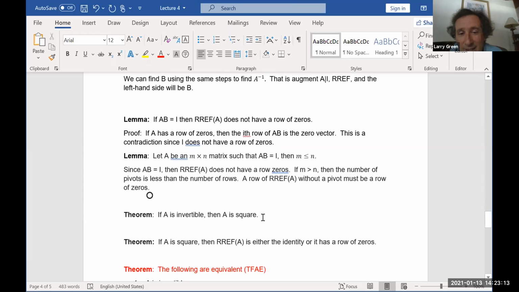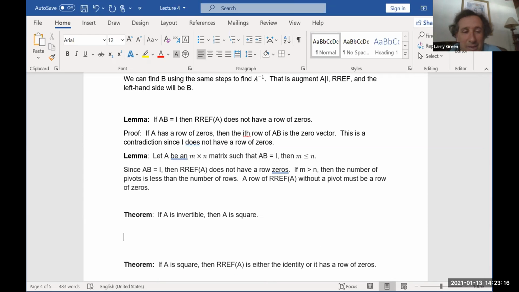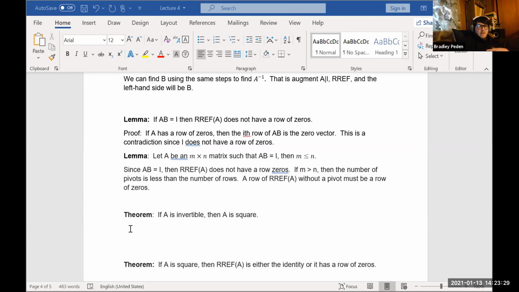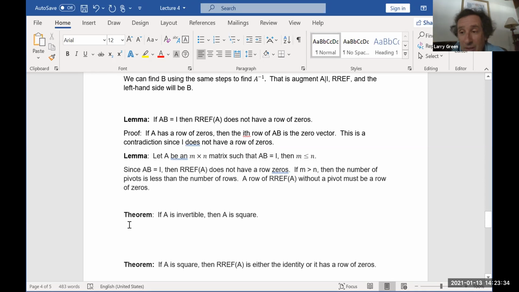Okay, here comes a nice, easy theorem given the two lemmas. If A is invertible, then A is square. Why is that true, based on the lemmas? M is equal to N. Right, but that's what we're trying to prove. So here's the deal. If M is greater than N, then A can't be invertible by the prior lemma.